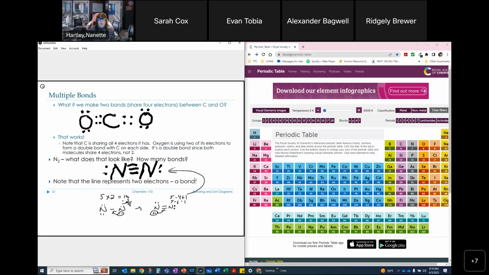This will be important when we talk about the structures next time. Multiple bonds are considered as if they are a single bond when we start talking about 3-dimensional structures, because they exist in that same physical space. Okay, so questions about that?